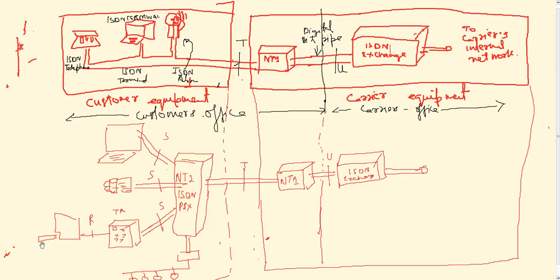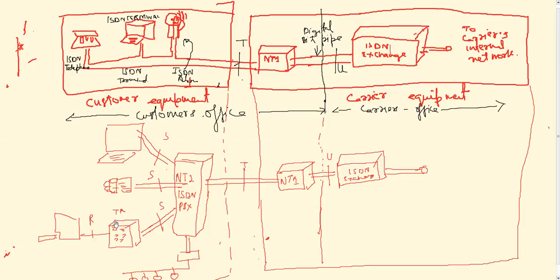Like analog phones, because these can handle digital telephones, digital computers, etc. But you may have some analog telephones, which are non-ISDN, so you can connect them with a terminal adapter with an R interface. Does that make sense? You may have some fax machines and other devices, analog stuff, and then you connect them with the TA, terminal adapter.